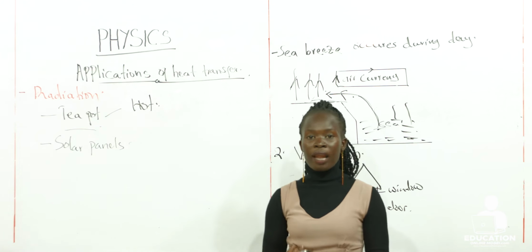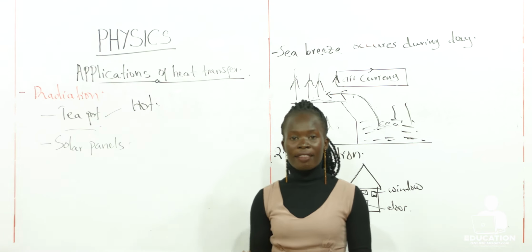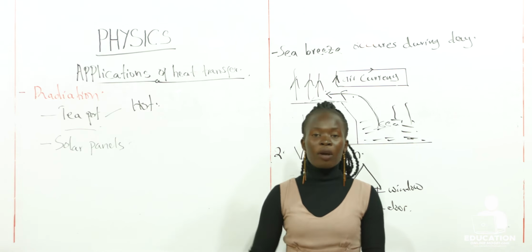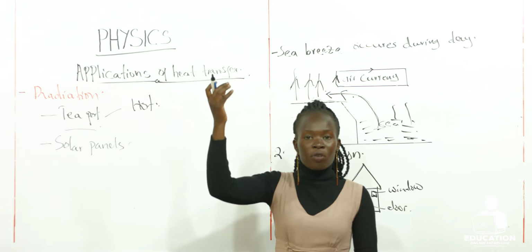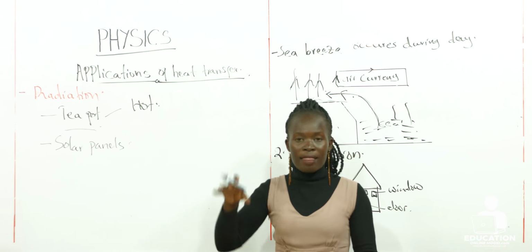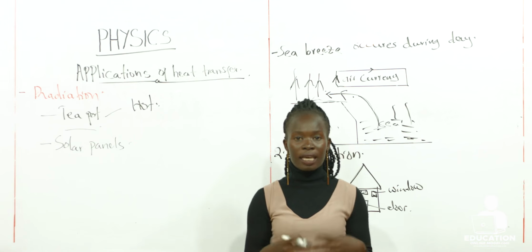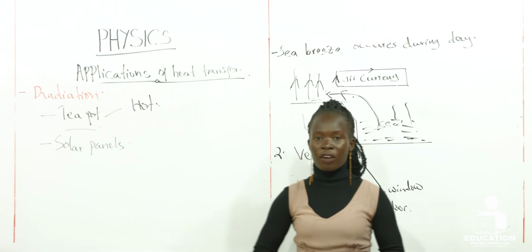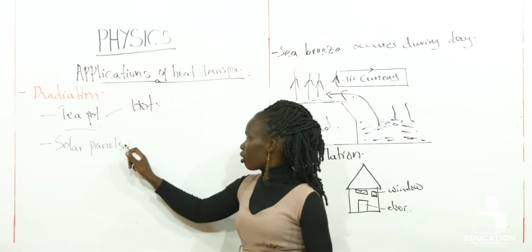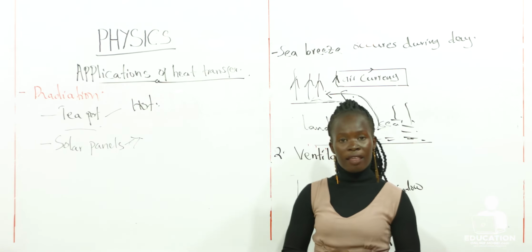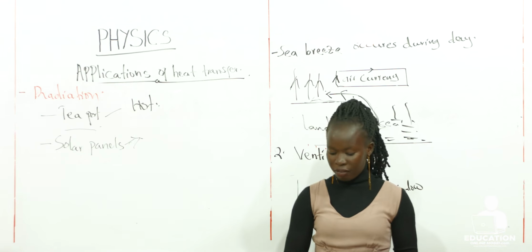They are polished black because black is a very good absorber of heat, because we want the radiations from the sun to come, and then the solar panel is going to absorb it, take it in. So that's why you find out that this one is polished black, to absorb the heat from the sun.